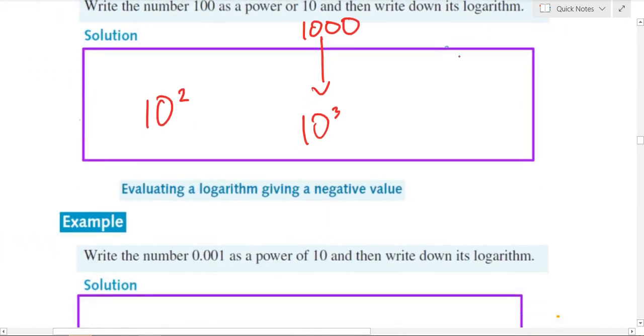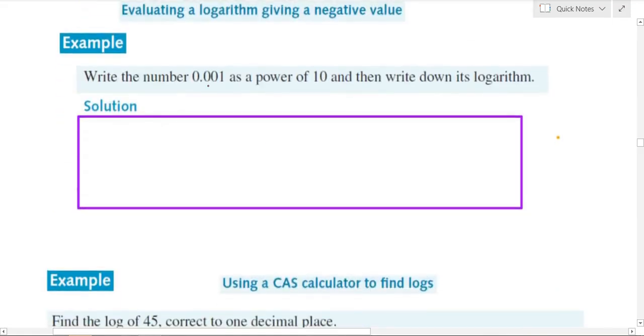Let's try a decimal. Let's go to the next example here. What if it was this? Same thing, right? The base is going to be 10, and then you just need to write down how many zeros are before that 1. In this case, there's 1, 2, 3. So it's going to be to the power of, instead of positive 3, negative 3.